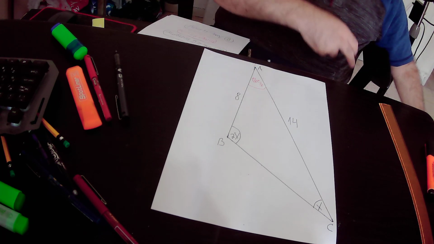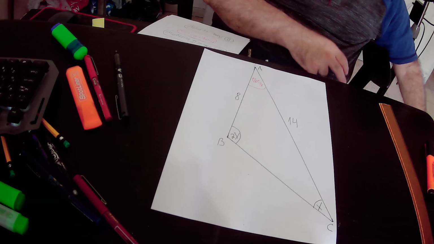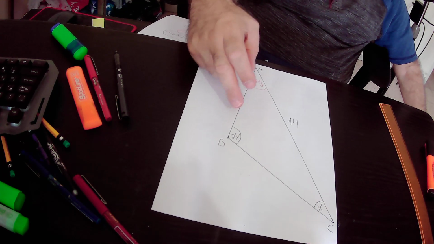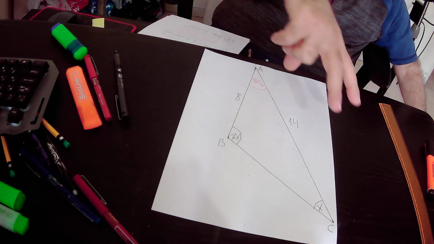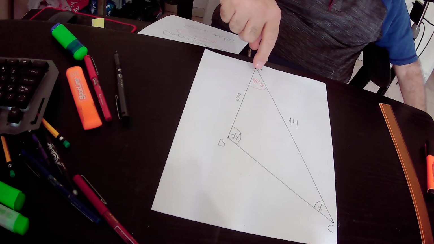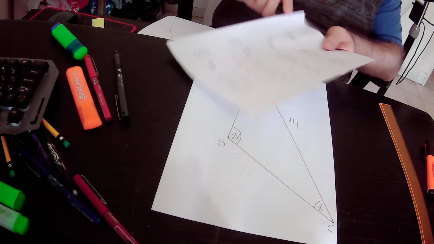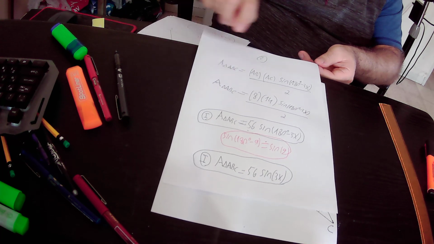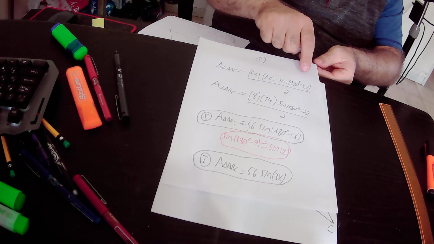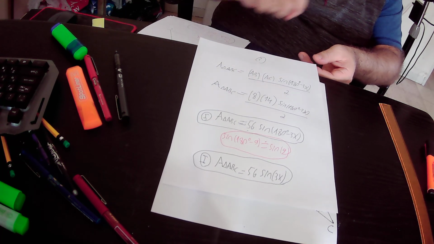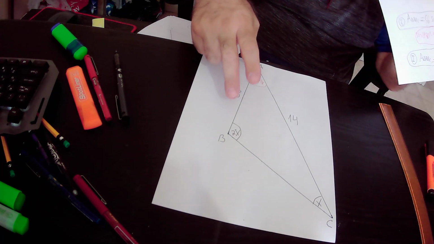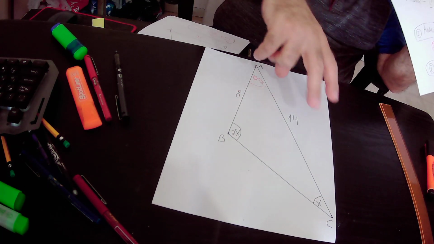According to the formula, the area of triangle ABC equals AB times AC times sine of 180 degrees minus 3x over 2. But we know that AB equals 8 units, AC equals 14 units.